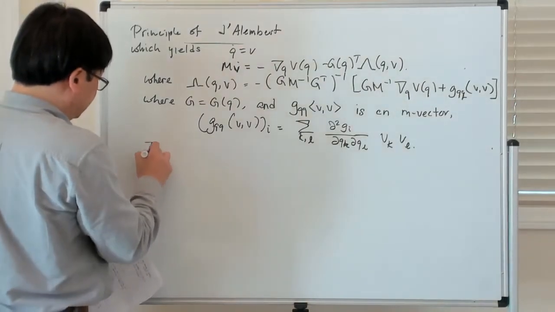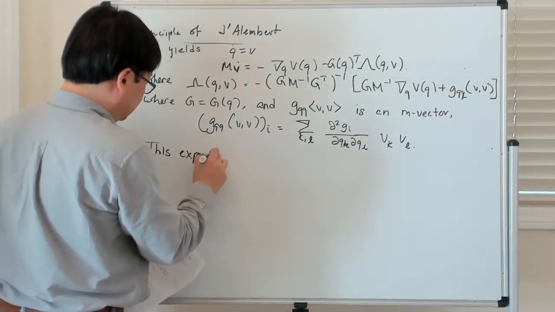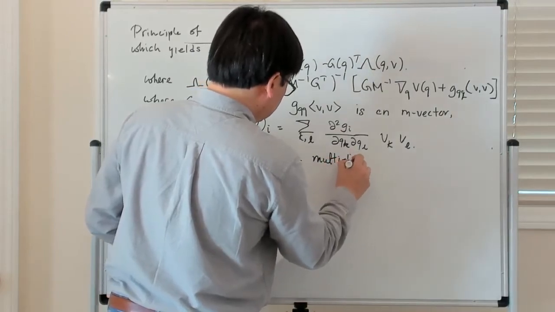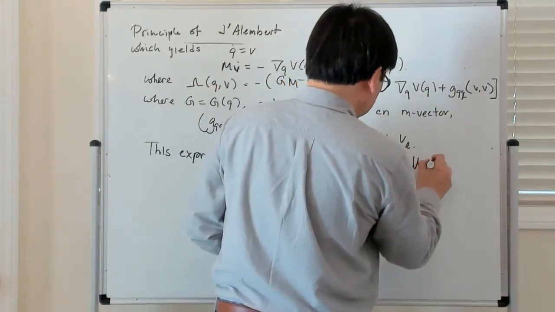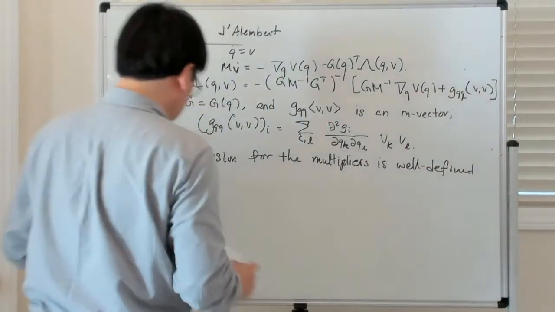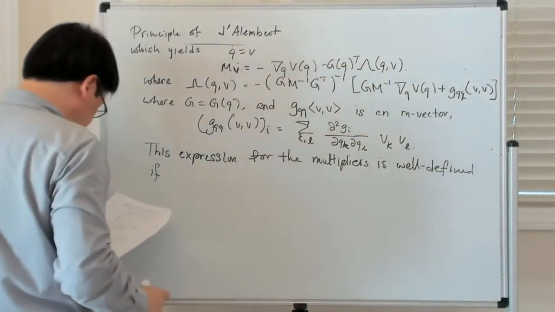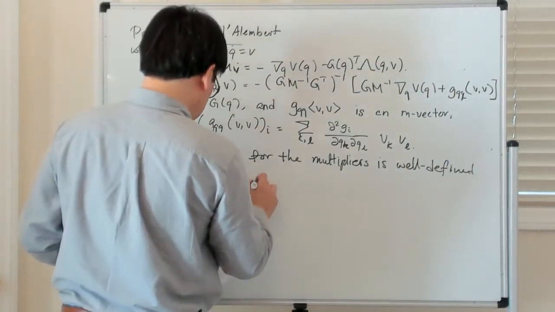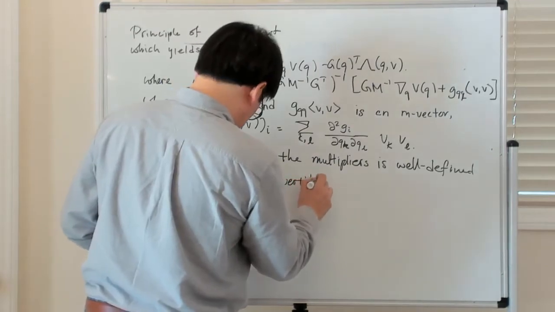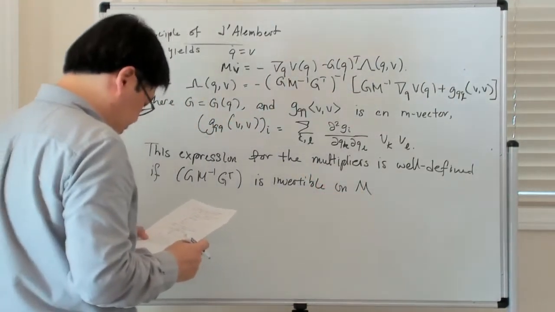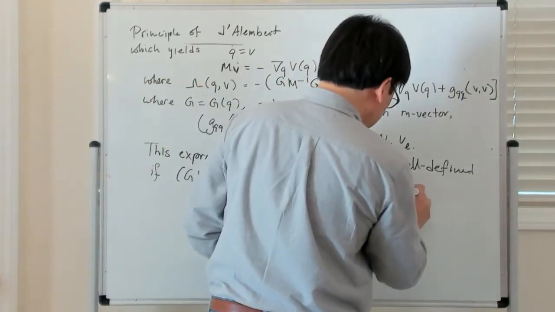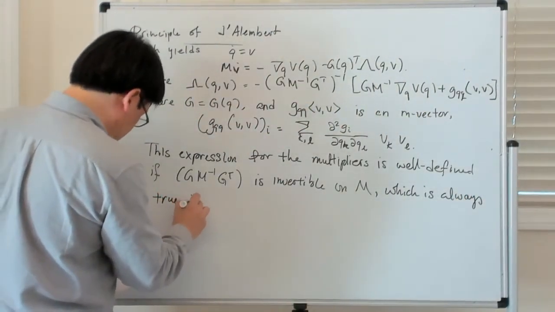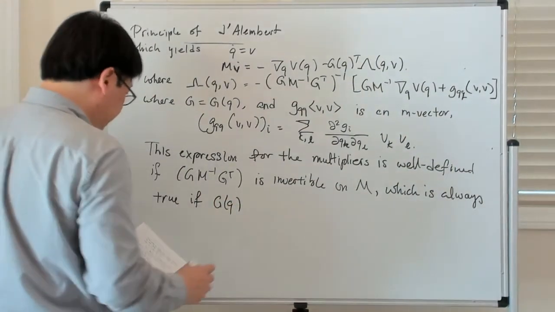So this expression for the multipliers is well defined if this matrix is invertible on the constraint set M, which is always true if G of Q has full rank.